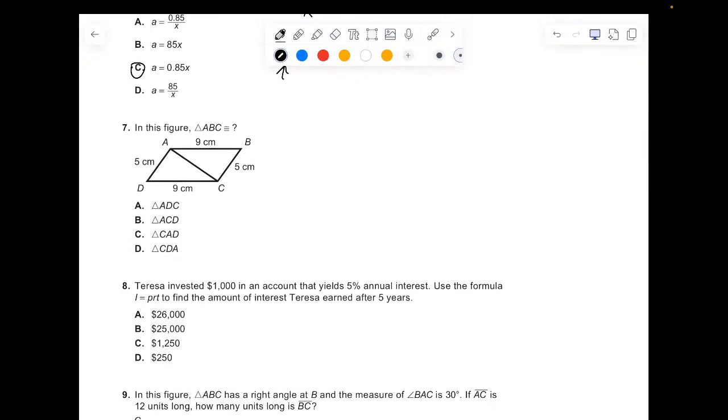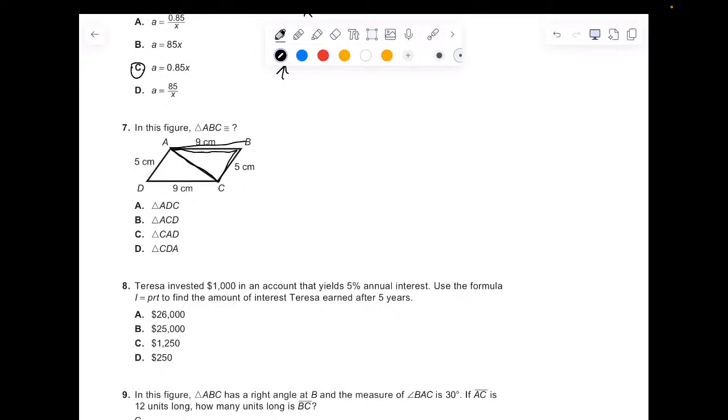In this figure, triangle ABC is approximately equal to... So we have this triangle right here. Oh my word, I have not done this in so long. Alright.